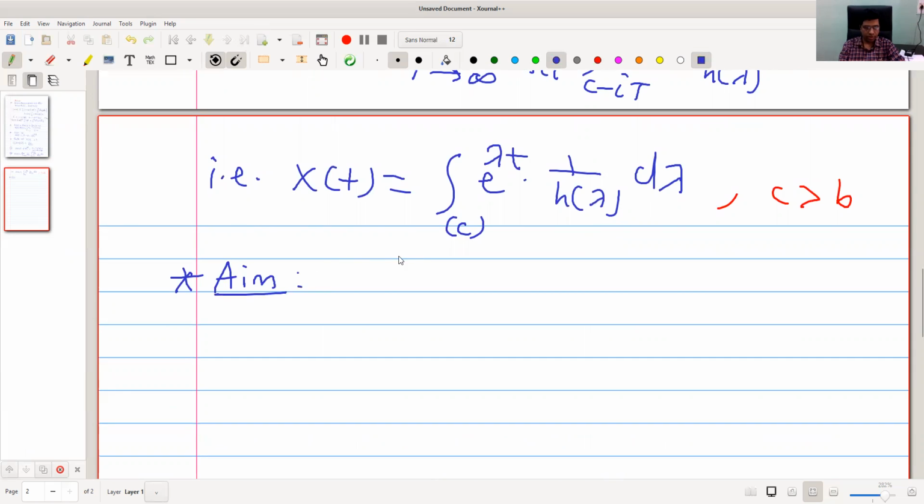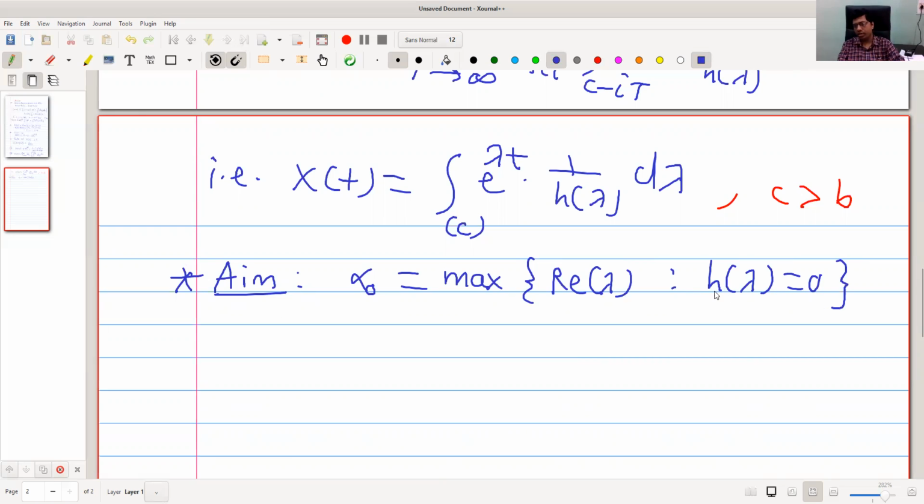First we define the maximum of the real part of all the roots of h of lambda. We denote it by alpha 0. So, the maximum of the real part of lambda such that h of lambda equals 0.